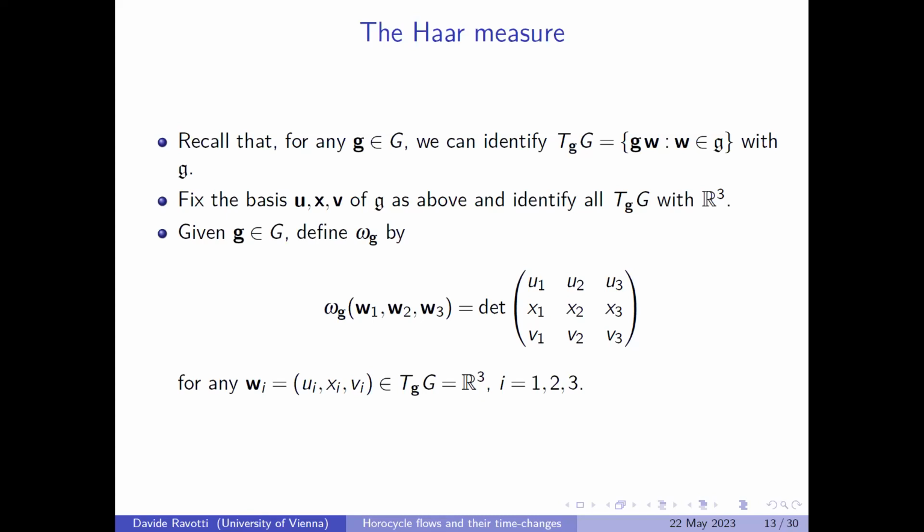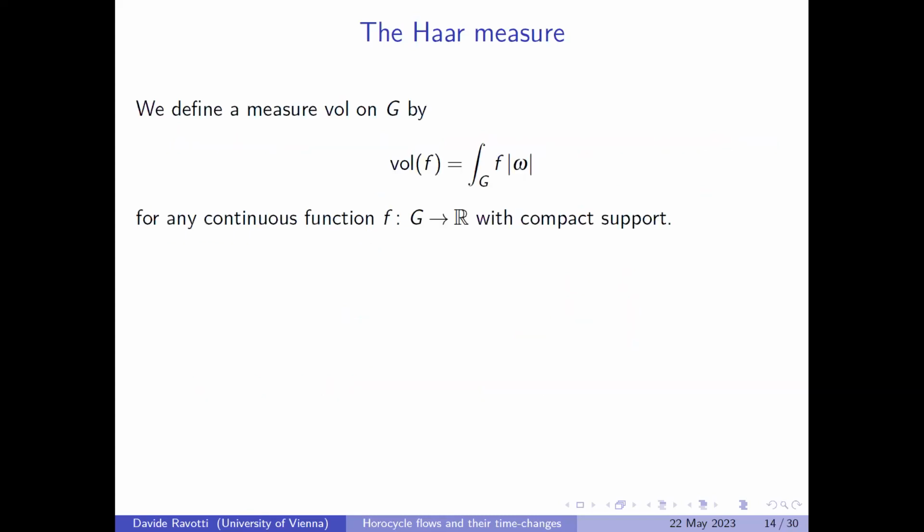So in the language of differential topology, this omega is a differential 3-form on the group. And it's smooth because it's smooth in the coordinates. G is a 3-dimensional manifold, and I have a 3-form.